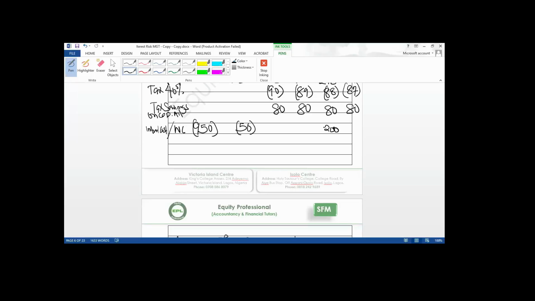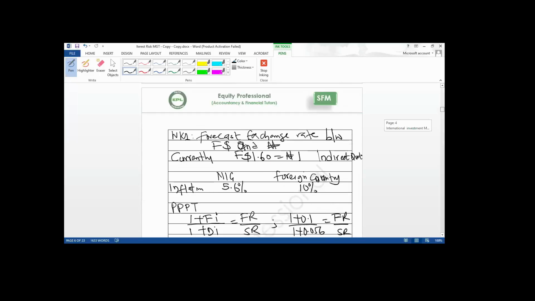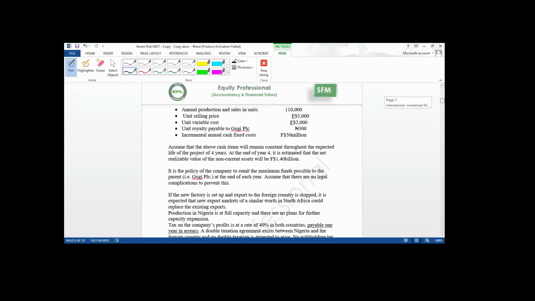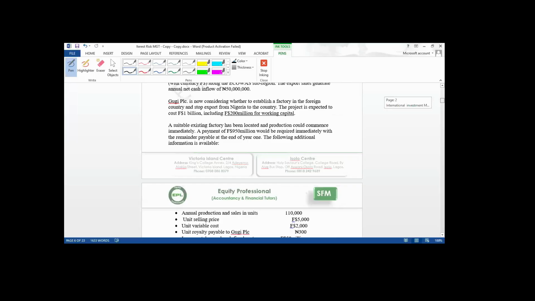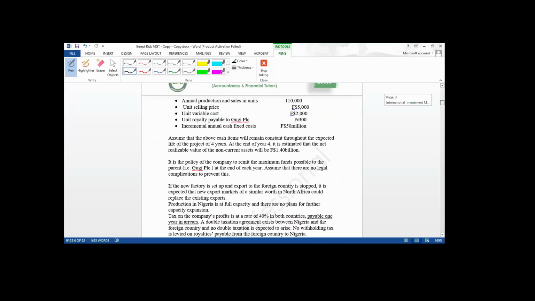Examiner says, at the end of the 4 years, the net realizable value.